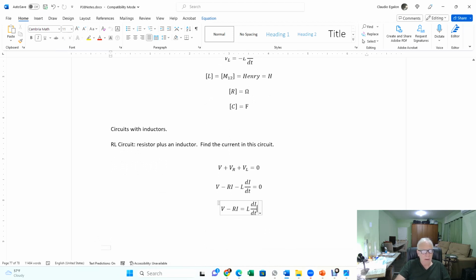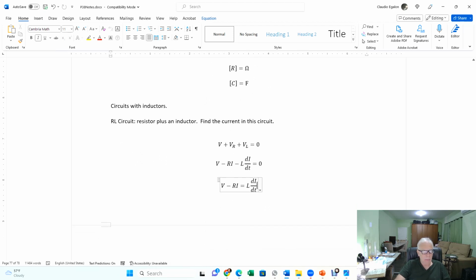I'm going to separate the variables. Everything that's I goes to the right, everything that's dt, that's t, goes to the left.